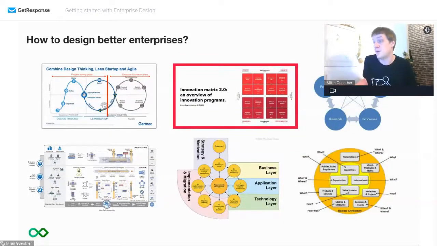You might train people. You might have centers of excellence. You might have a venture fund. You might buy startups. On the top right, you have an organization design model, the STAR model, where you say, okay, we might have to look into our structure, our people, the reward systems, the processes, the strategy.